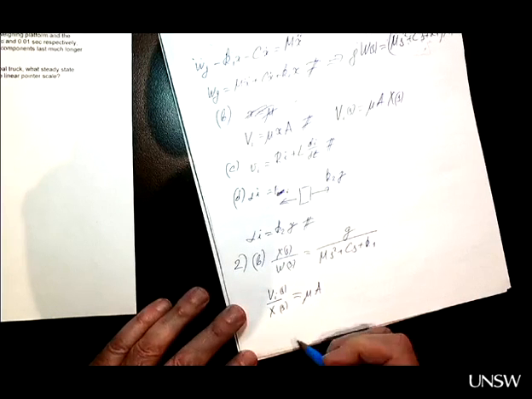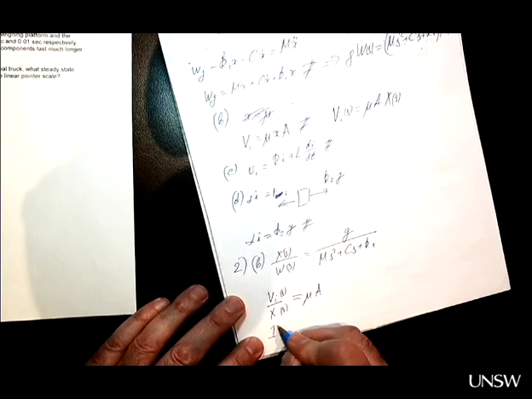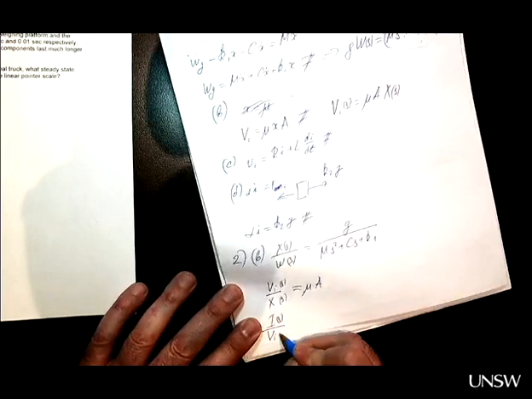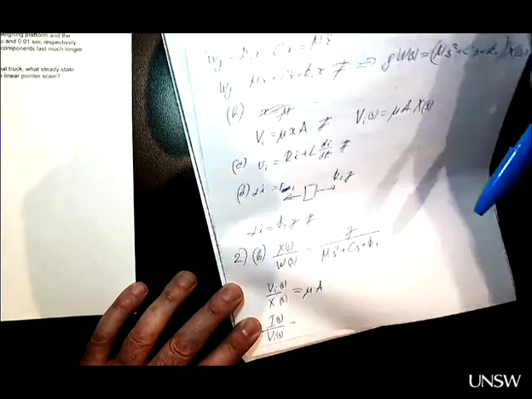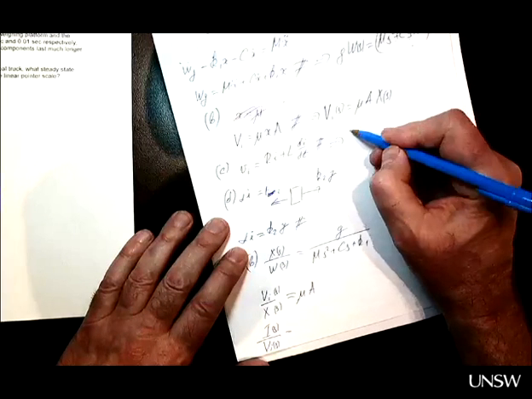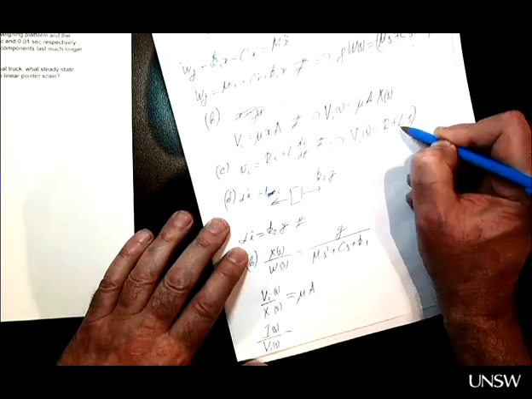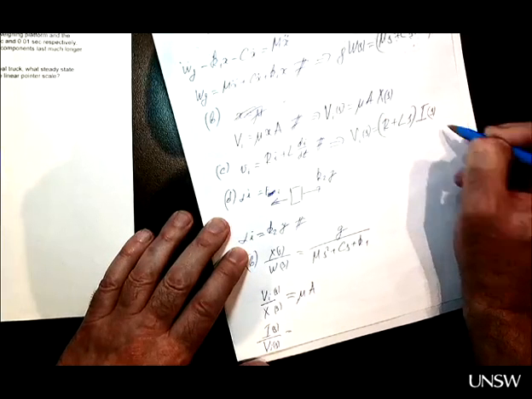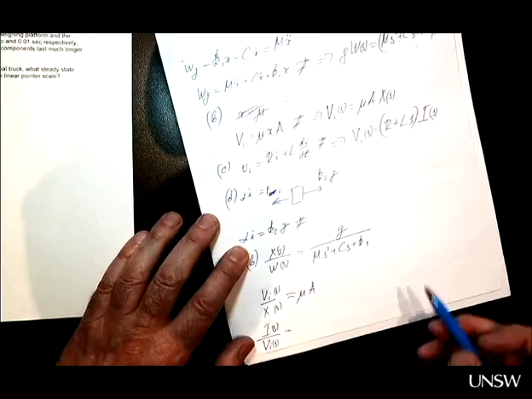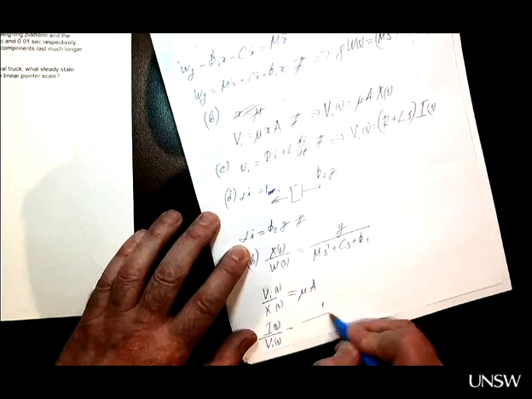Next thing is I of s over vi of s. Again, from here, Laplace transform gives us vi of s equals r plus ls times I of s. So I over v will be equal to 1 over r plus ls.